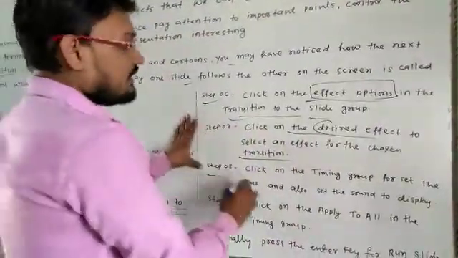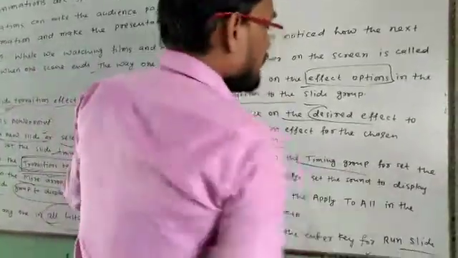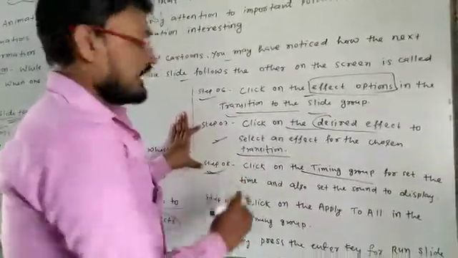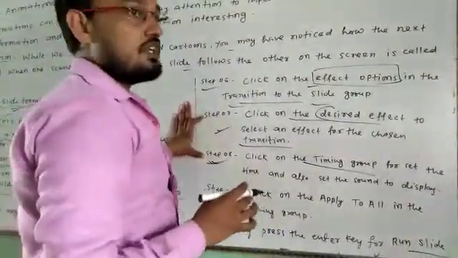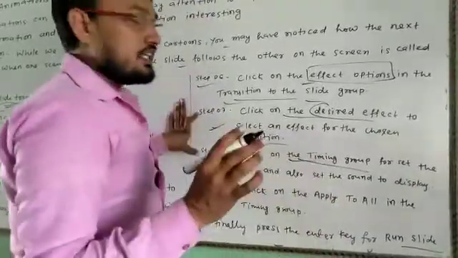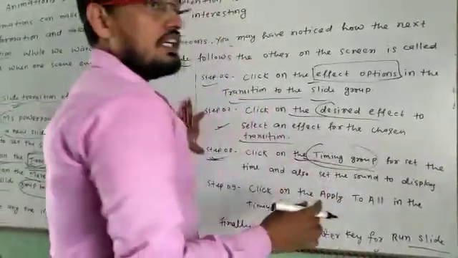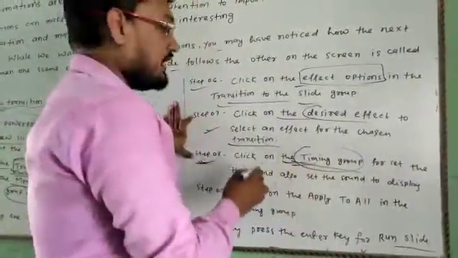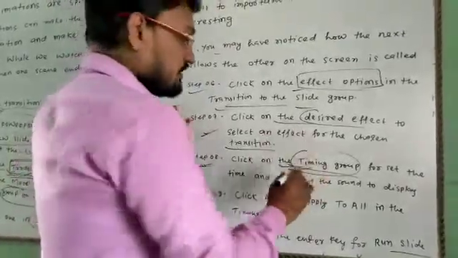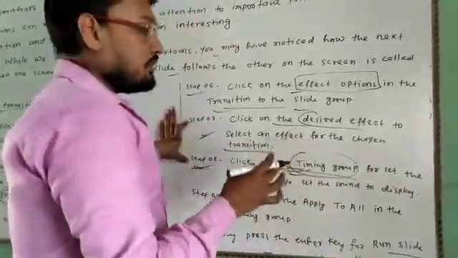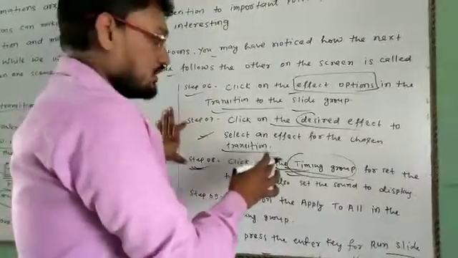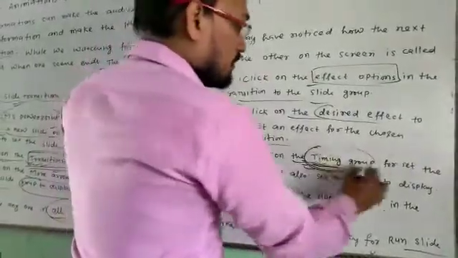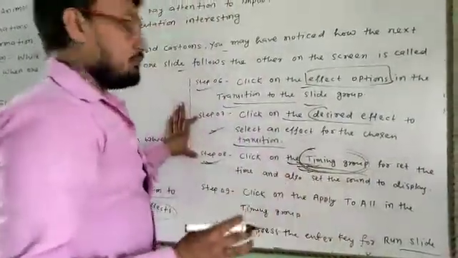Then click on the timing group, and after following 7 steps, we go to step 8. If you want to set the duration of the display time for the transition effect, go to the timing group and set the time.